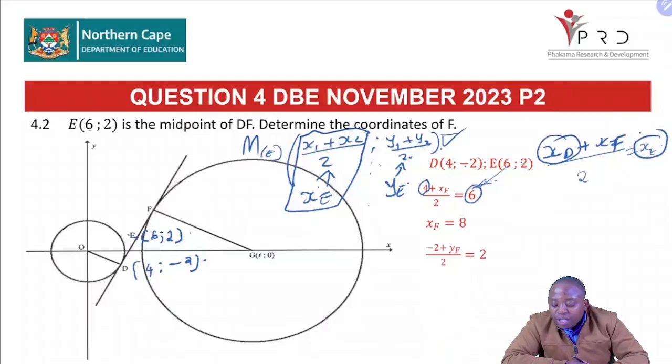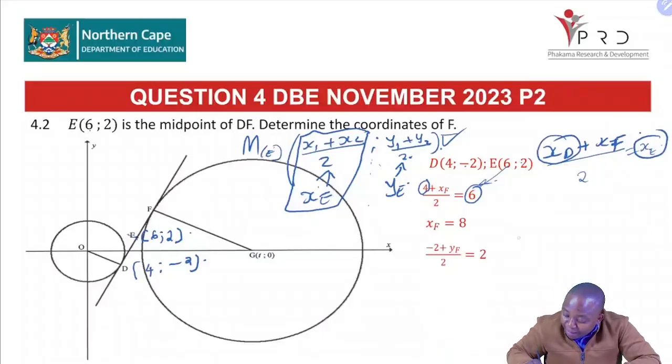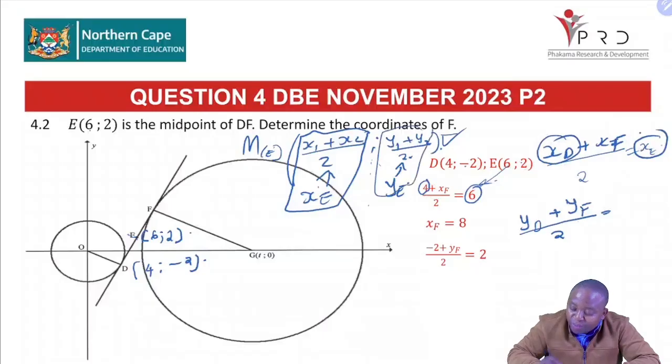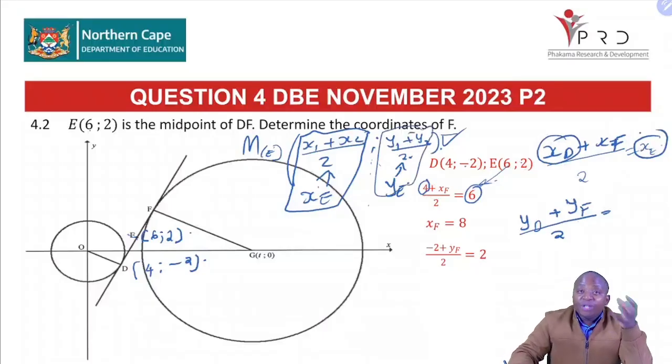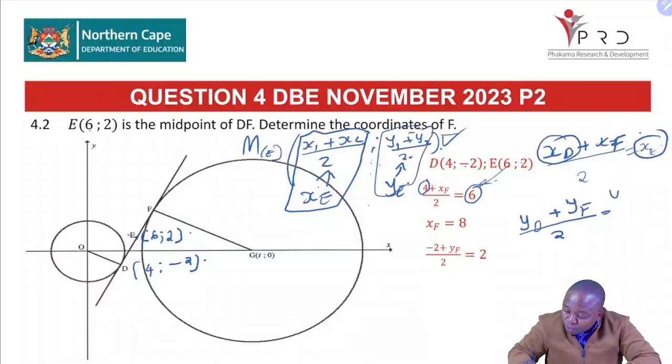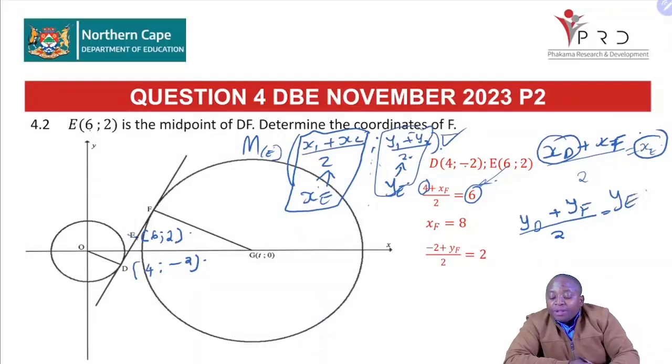The same procedure I'm going to follow for y. Remember, yD plus yF all over 2 gives us the yE. This is the second part that we're working with, which is the y coordinate of the midpoint, which is E. So when I work around that, what do I do?